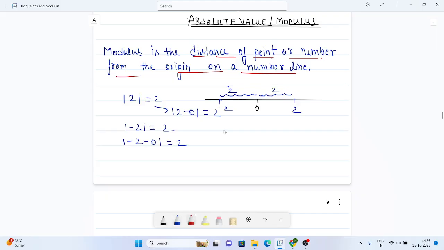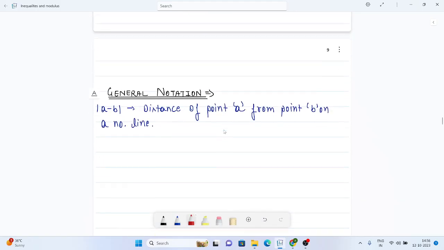So where mode of a number is given, here we get the definite value of modulus. But if a variable is in the modulus, it always opens with plus minus x. Right? You got this concept? Okay. Now we move forward.